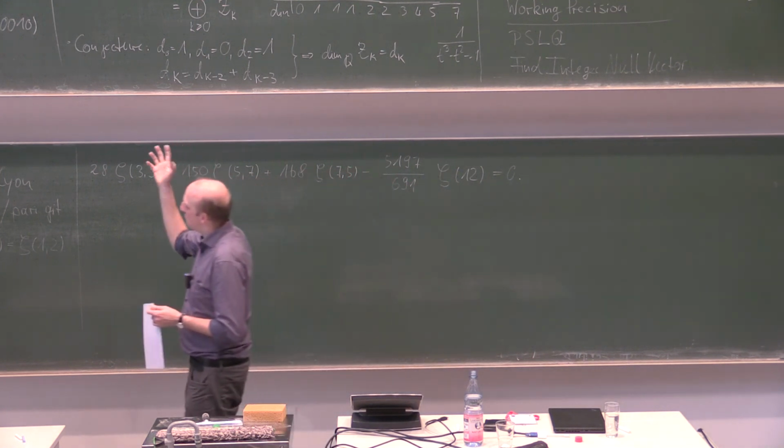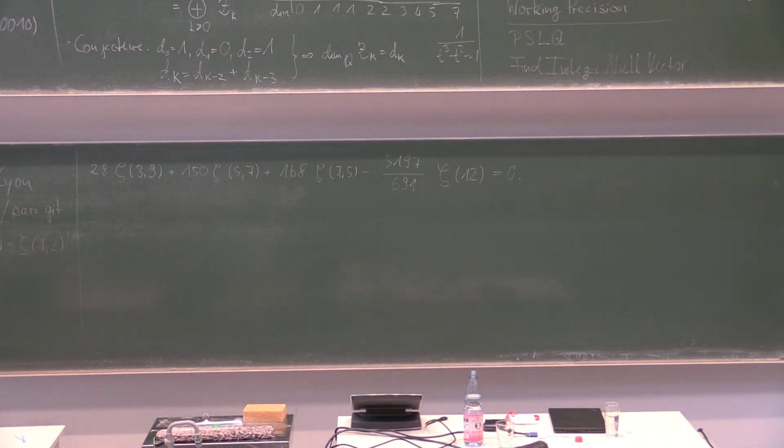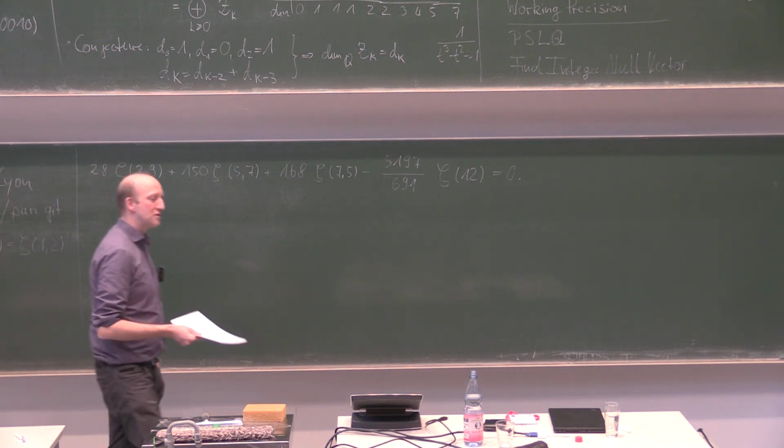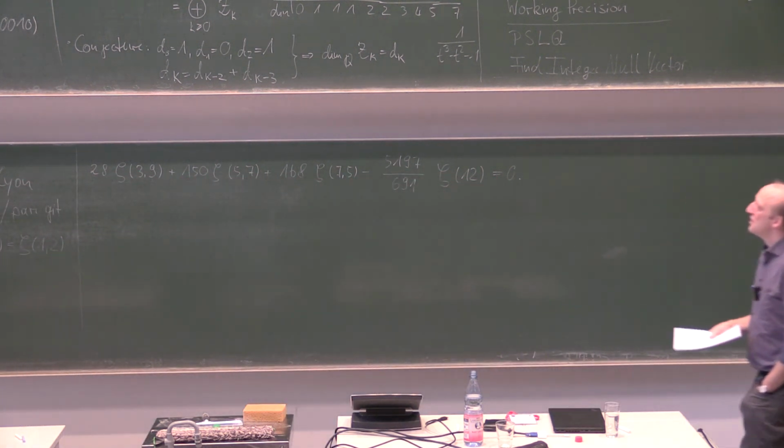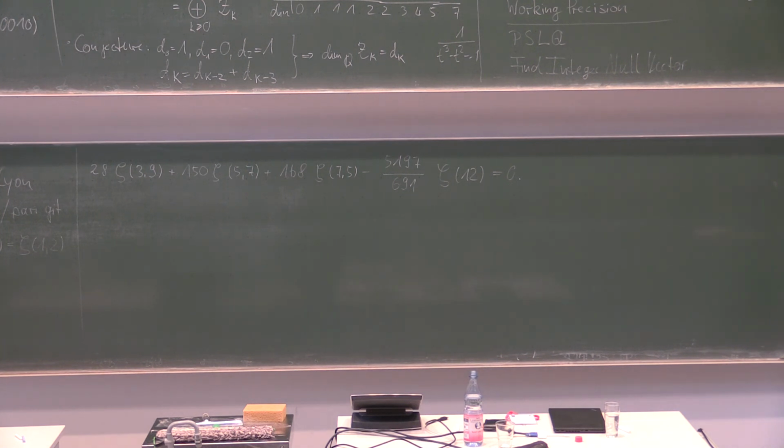We wrote down a couple of these relations. There were two types of relations, Stuffle and Shuffle relations, and the conjecture tells that the combination of those is able to provide all the relations between multiple zeta values of a certain weight.